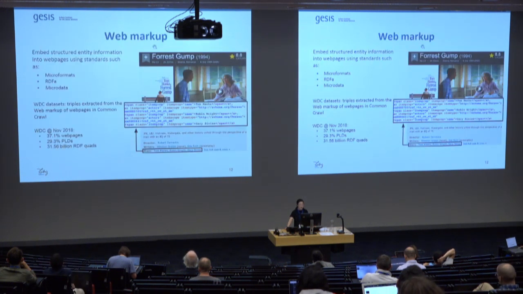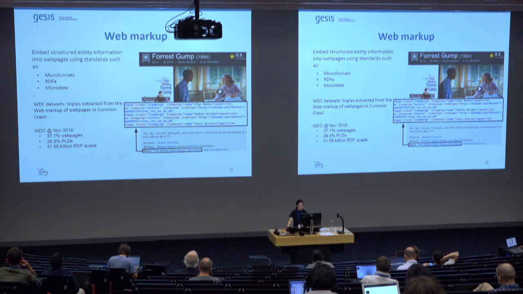Web markup is structured entity information embedded into web pages using standards such as microformats, RDFa, or microdata. The right side of the slide is an example of the IMDb page of the movie Forrest Gump. If you look at the source code of the page, you can see that there is some entity information embedded in the web page using the microdata standard.